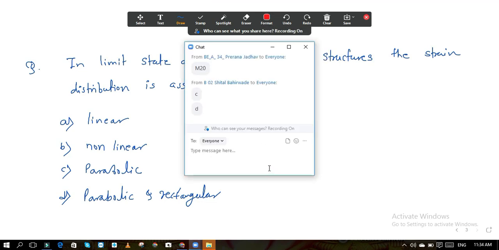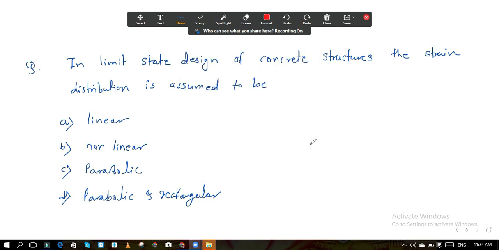So answer D, parabolic and rectangular. Okay. So roll number 2 has given me that answer is D. Any other option?